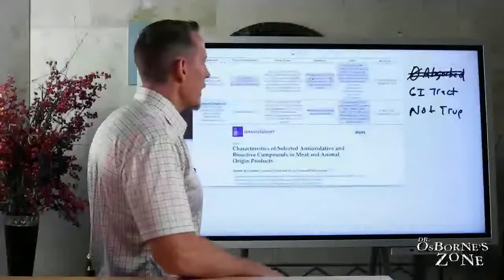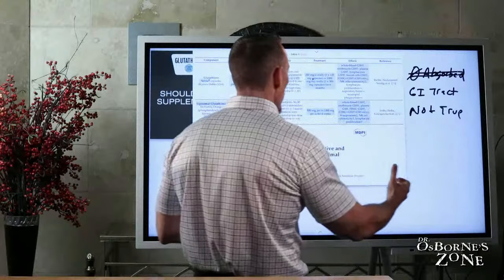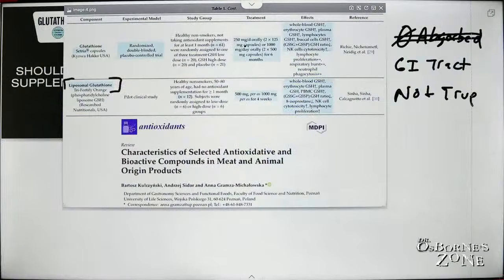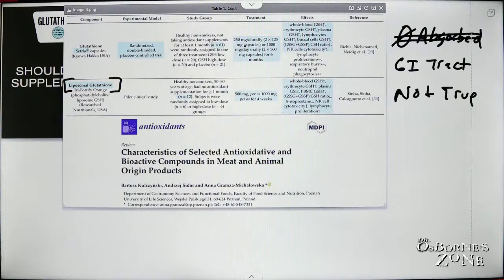Now, some would argue that glutathione orally taken is not very well absorbed, and that you should use liposomal glutathione, which you can see in this study on liposomal glutathione. This was a pilot trial in 12 individuals, and they gave 500 milligrams orally, or 1,000 milligrams orally for 4 weeks. And they also found very similar things, right?